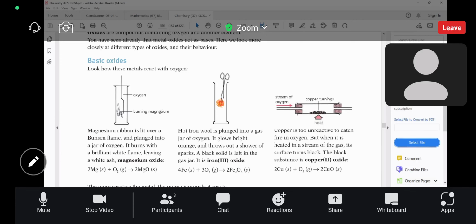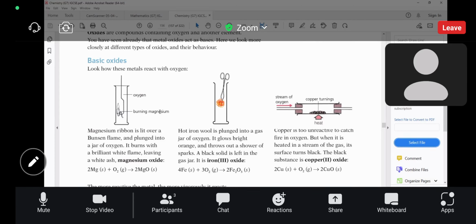This is white ash. What is ash? After burning, something will remain, and that is called ash. Normally the color of ash is black or grey, but here you will end up with white ash.